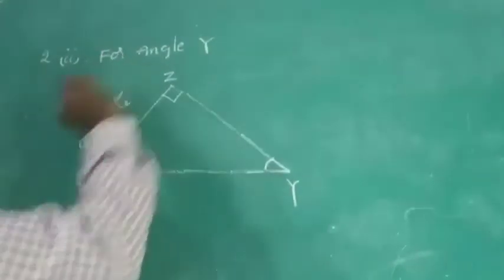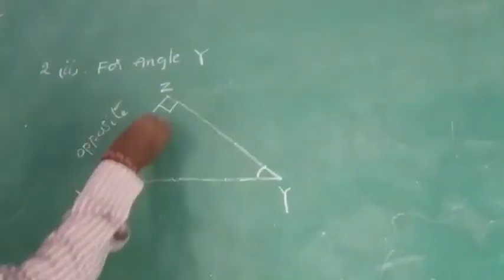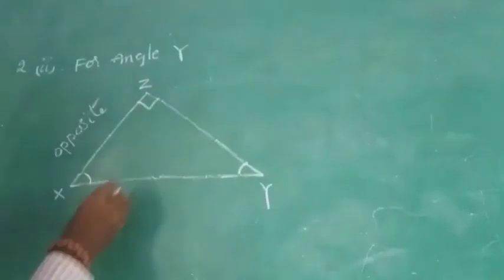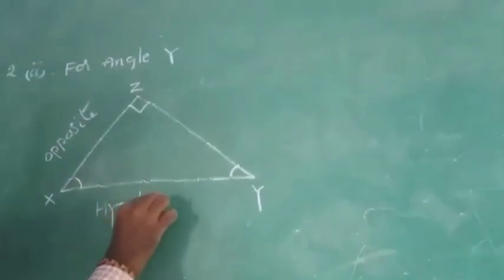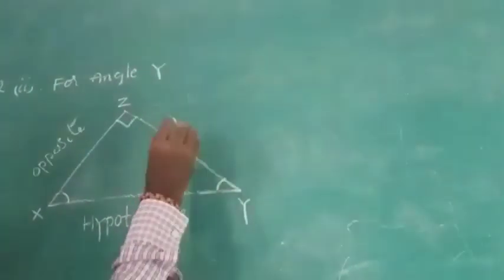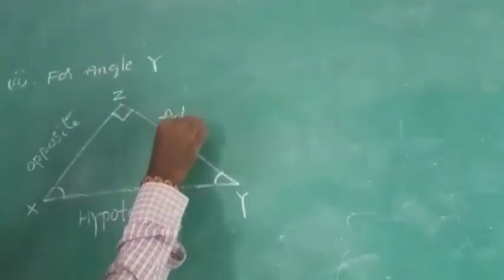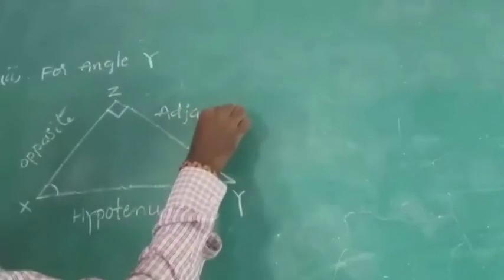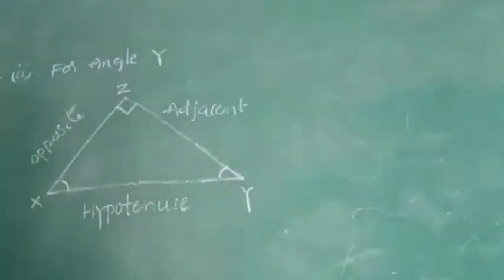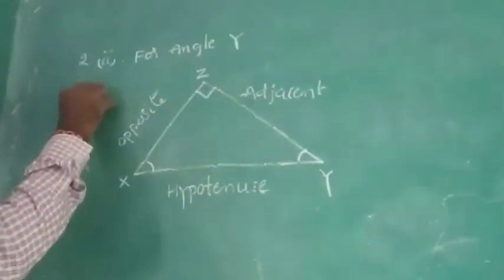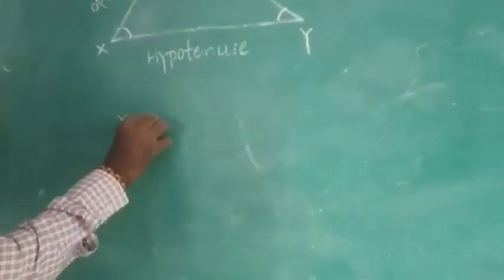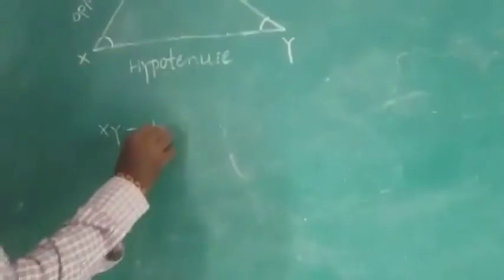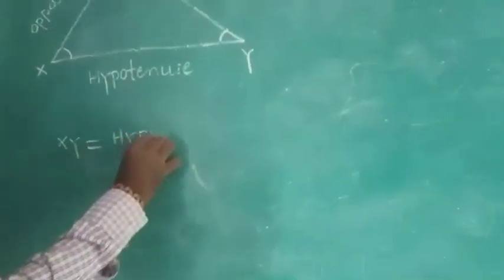Simple, I am writing opposite. This is 90 degrees, right? The 90 degrees opposite is what? Hypotenuse. Longest side. Then this is called adjacent. But as a shortcut I will write the answer clearly. What is the answer I will write? Let me write: XY is hypotenuse.